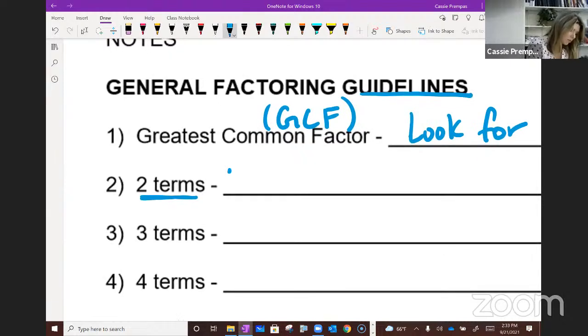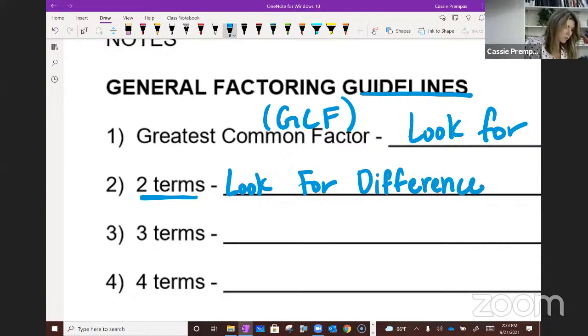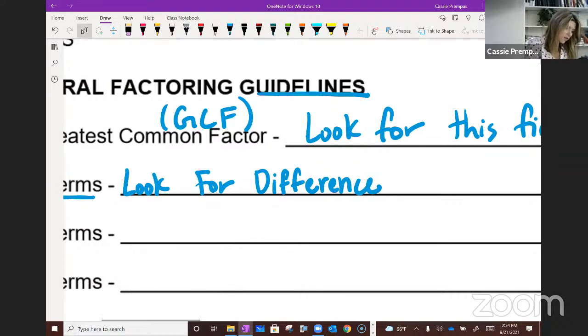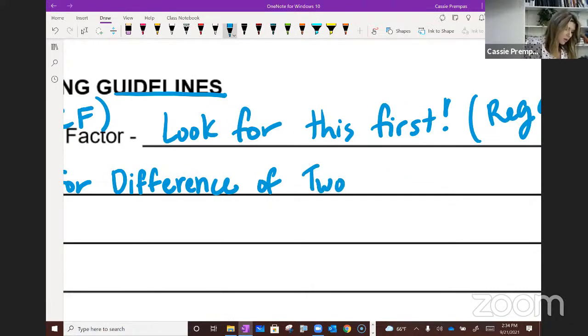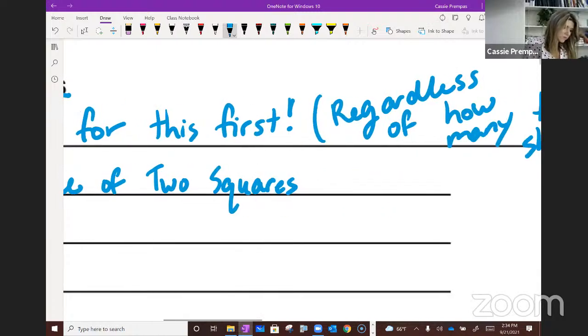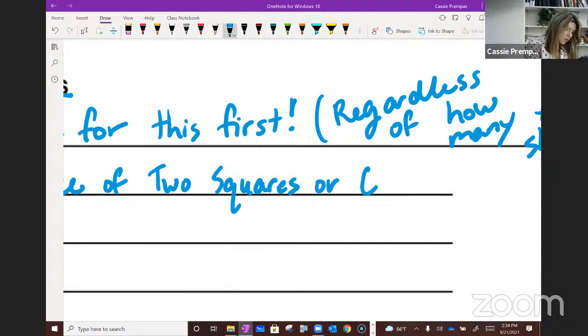If you have 2 terms, you're looking for a squared minus b squared; that rule is called the difference of 2 squares. You can either write the words or write the rule with variables. So look for the difference of 2 squares or cubes, because you could have a cubed minus b cubed.